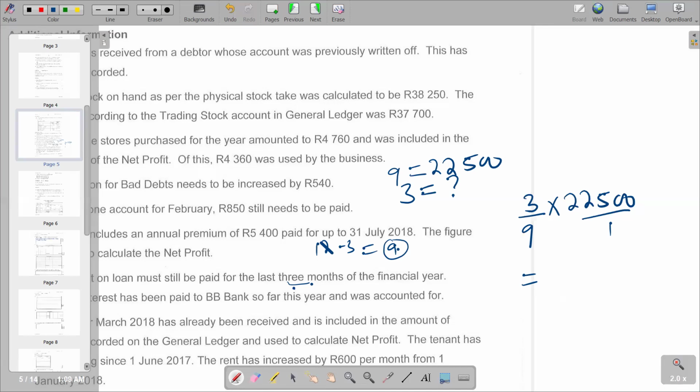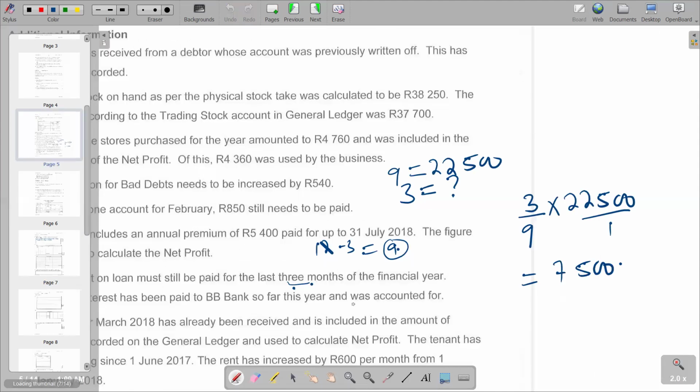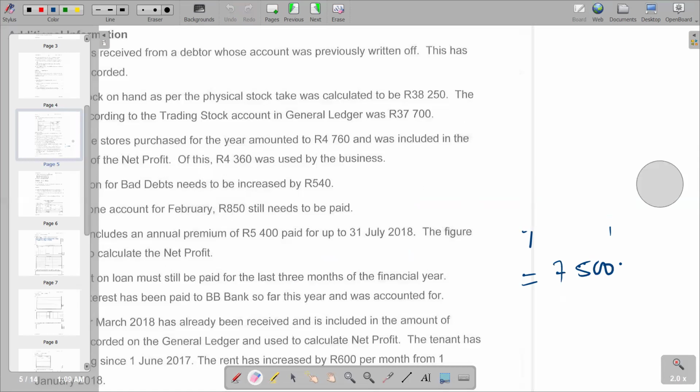So we say 3 divided by 9 times 22,500. So we are going to get the answer 7,500. So we are supposed to further subtract 7,500. So we come here, we further subtract our 7,500. So this is what we have on that part. So we try to move on to the next.